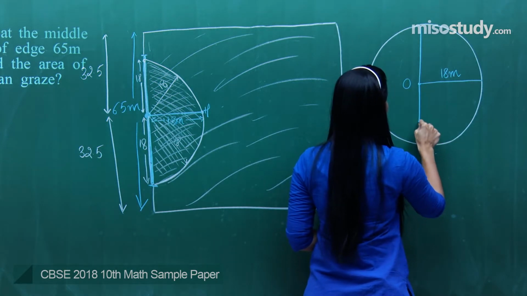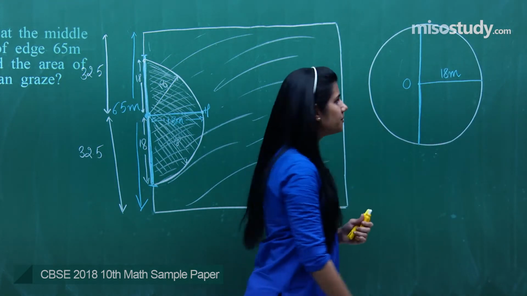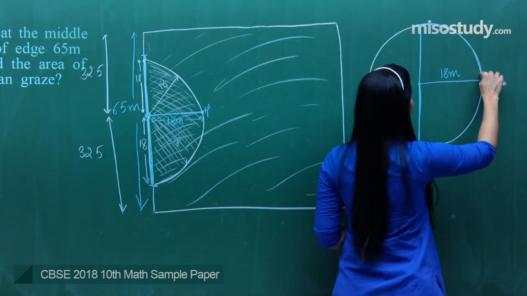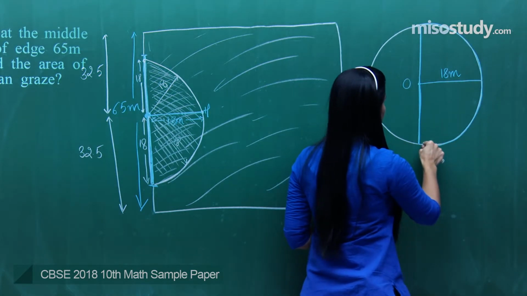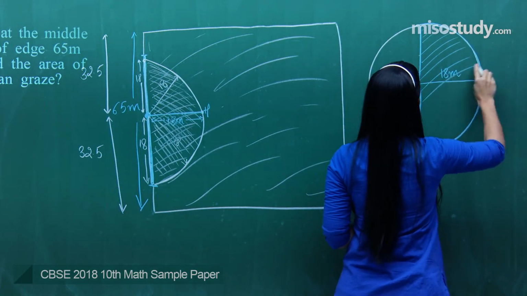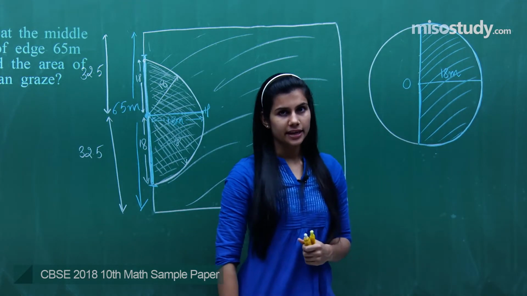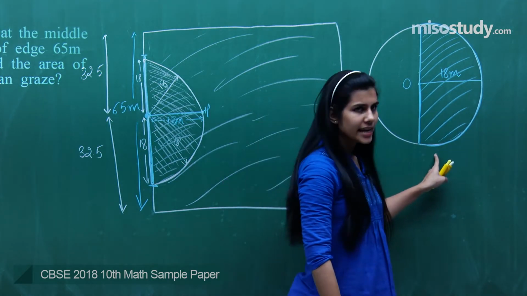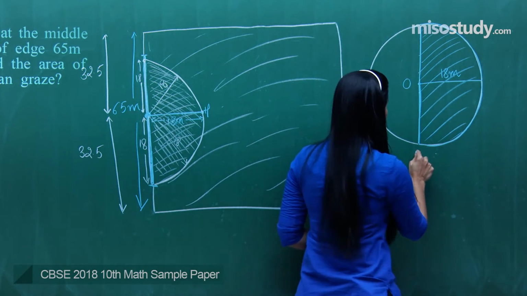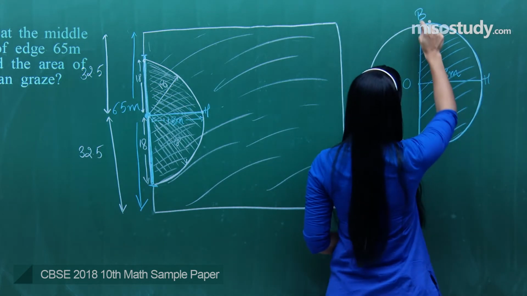That means this entirely is my diameter of the circle, and I am interested in this sector of this circle. I am interested in this sector. Isn't this sector basically a sector with arc AB?